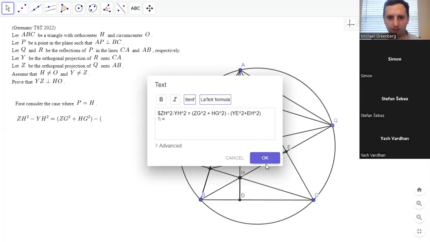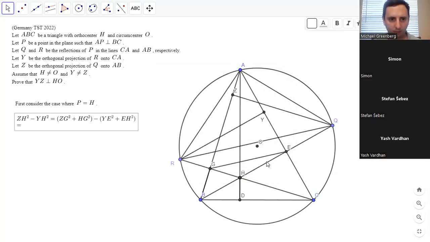And so ZG is going to be basically BZ, or I'll say it's HQ. Yeah, what's the best way? It's BG times HQ over HB.